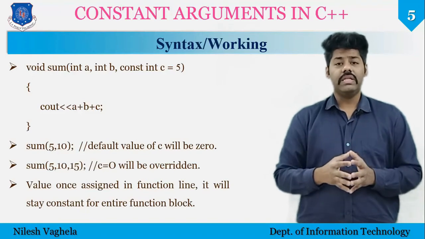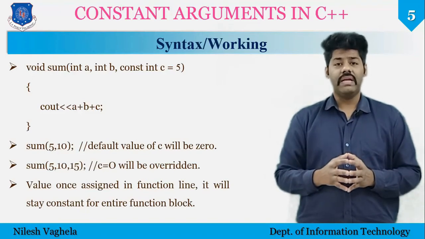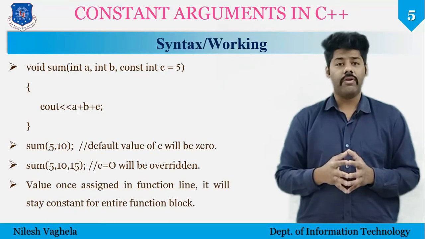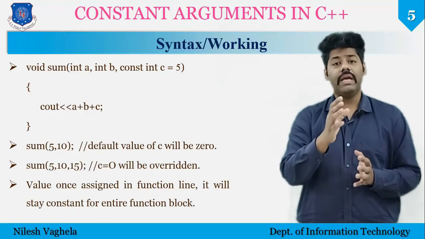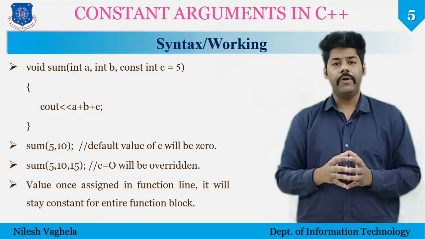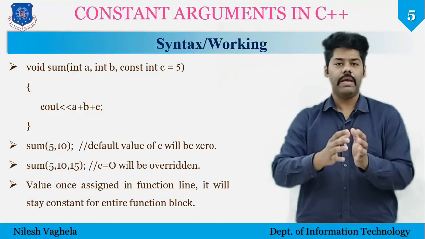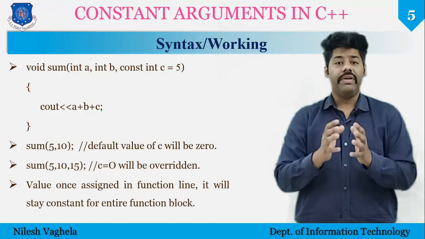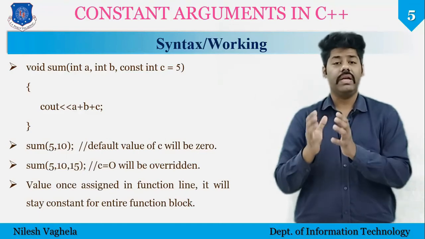Now we will see this scenario with the demo program itself. We are continuing the demo program of our default argument, where we have integers a, b and c with some default values, and we performed the summation a plus b plus c. The only change here is that we assign the const keyword to integer c.